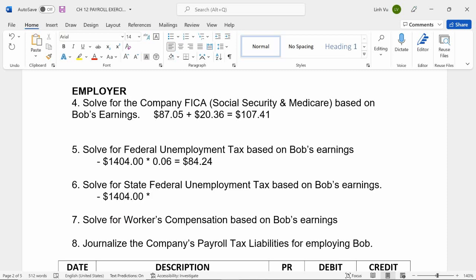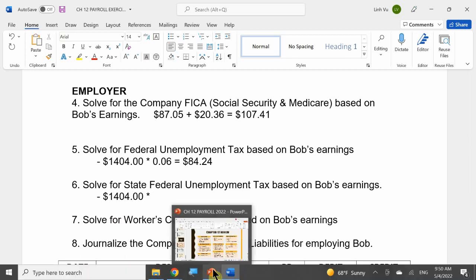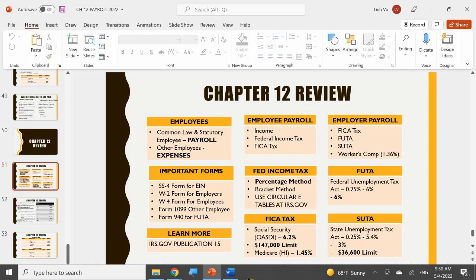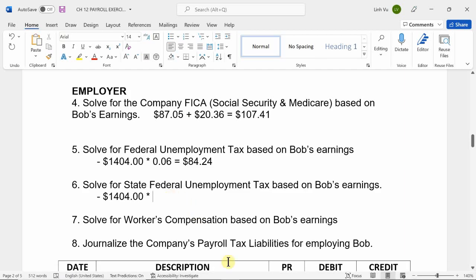The state unemployment tax is 3%. So 1,404 by 0.03 is $42.12.